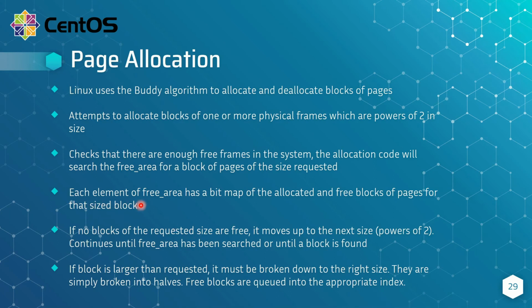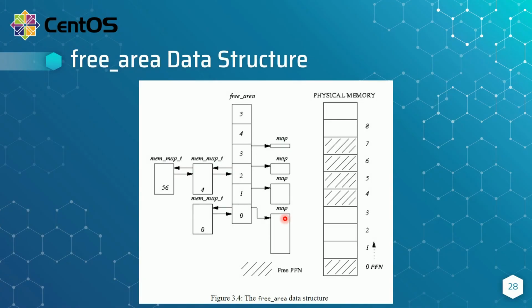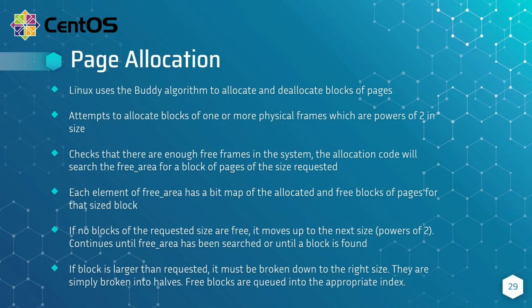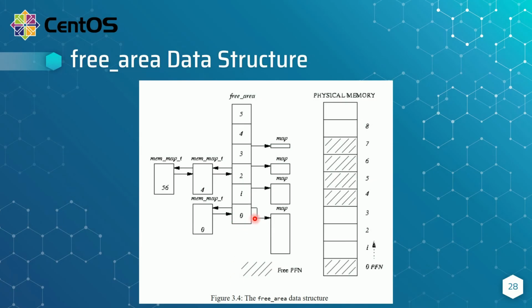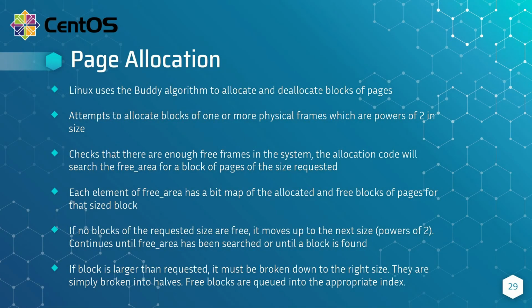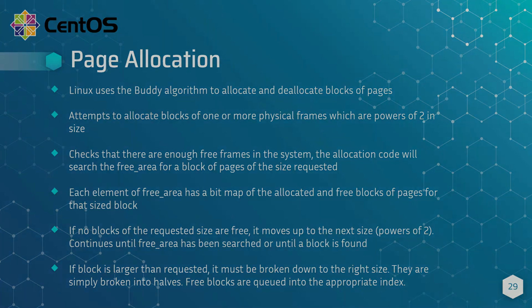Each element of the free area has the bitmap of the allocated blocks. So this map is how we can track where the free blocks are. If no blocks of the requested size are free, as I demonstrated here, then it just moves up the list in powers of 2 and continues to search until a block size is found. If we do end up finding a block size larger than what we requested, then we can basically break it down.